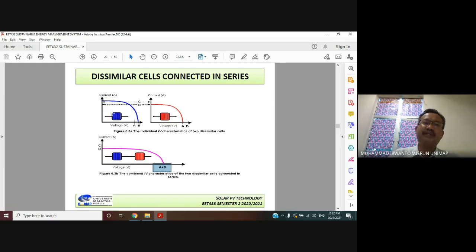So compare blue and red PV cell: red is lower than the blue in terms of the current. So the total current here is D amperes, following the lowest current, which is that of the red PV cell.